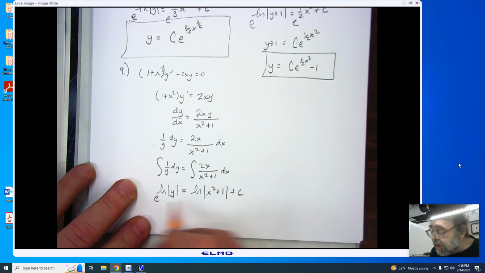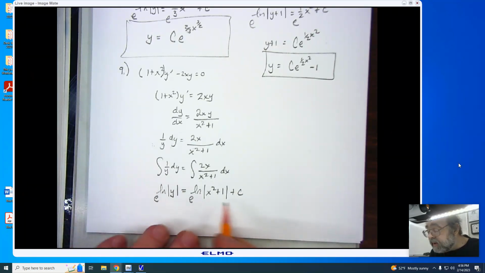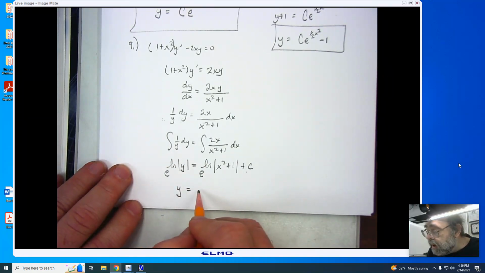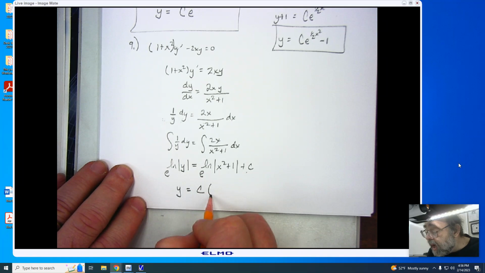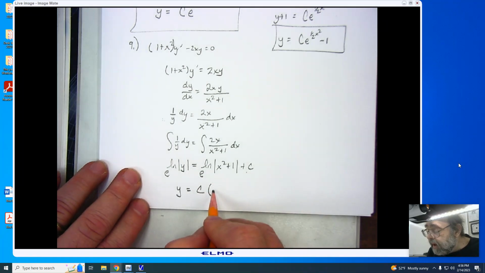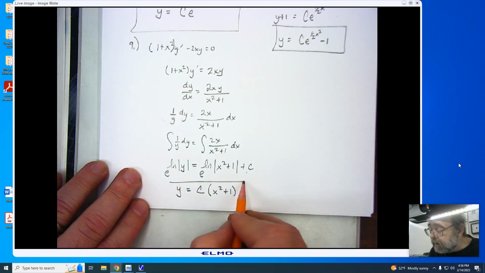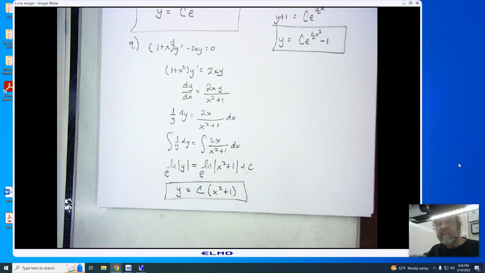When I exponentiate, please remember this is now a product, and I have y equaling my constant times x squared plus 1. And that's my answer.